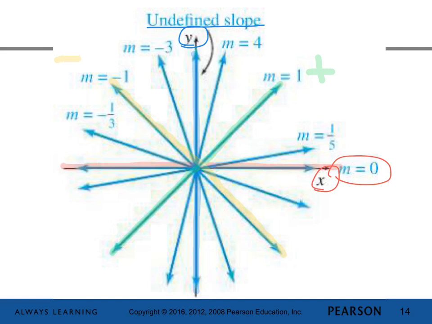For the lines that I just looked at, m equals 1 means that you go up 1 and over 1 to get the other points on the line. This is a shallower slope than the slope of the line m equals 4. This is a steeper slope.